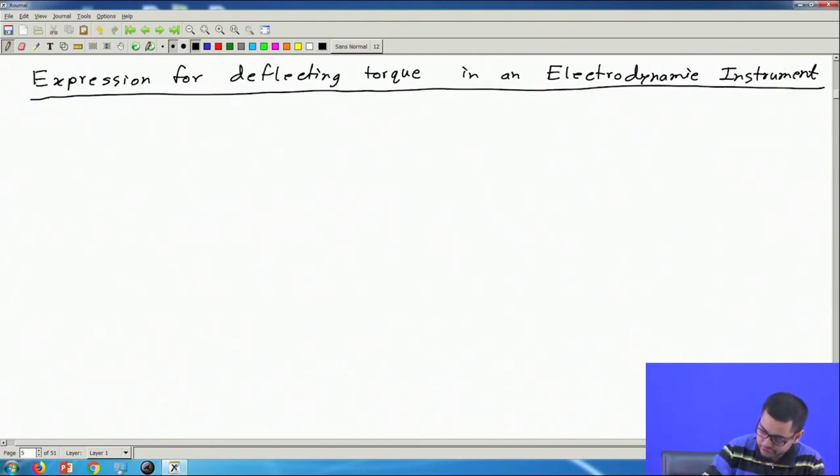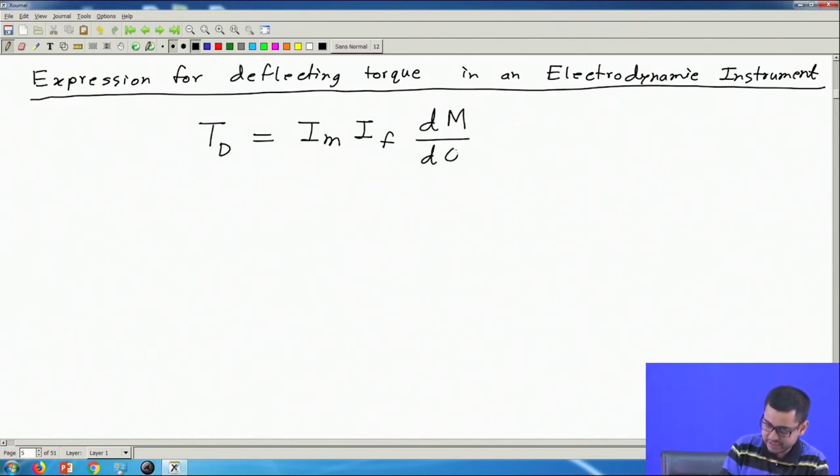We will not derive it in this video. We will first write the expression and understand what it means. So, the expression is like this: TD is equal to IM IF, proportional to the two currents in the moving coil and in the fixed coil, and the proportionality constant is dM d theta. What does it mean?